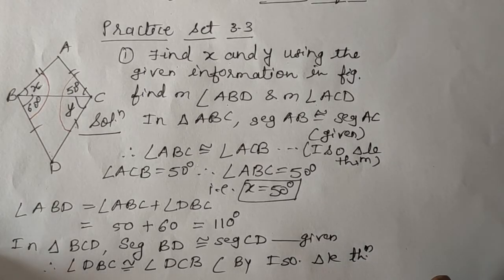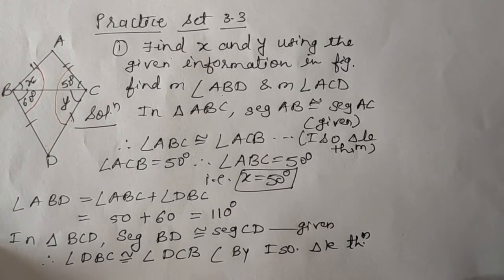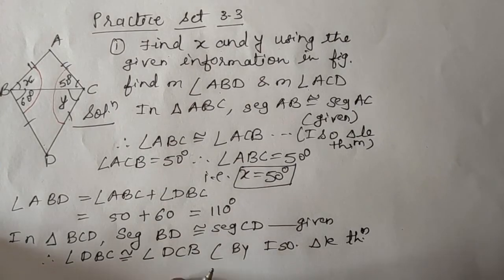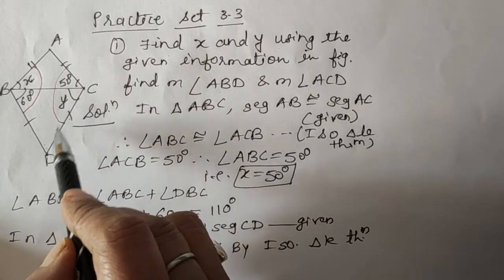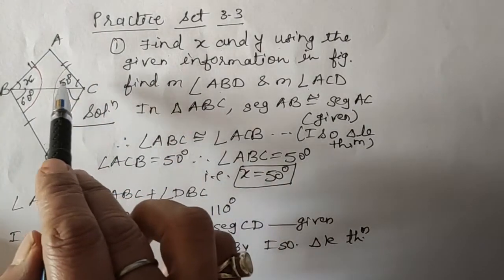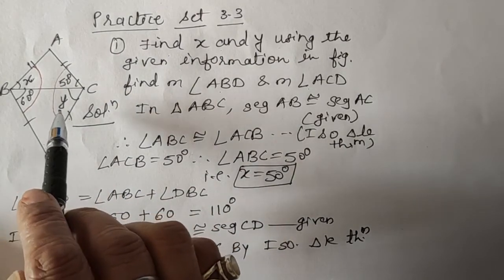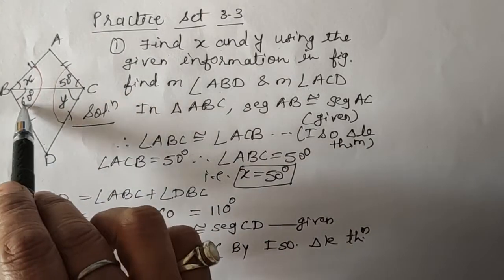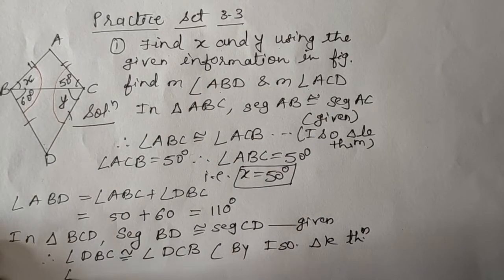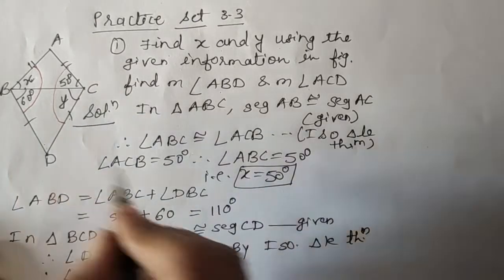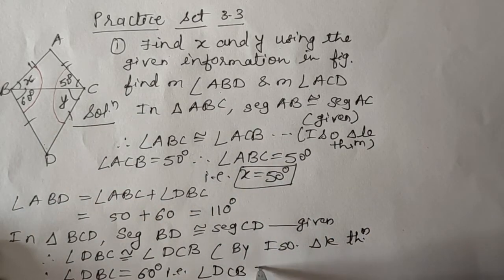Now you see, in the figure we have angle DBC as 60. Therefore, angle DBC is equal to 60, that is, angle DCB is also 60 degrees.